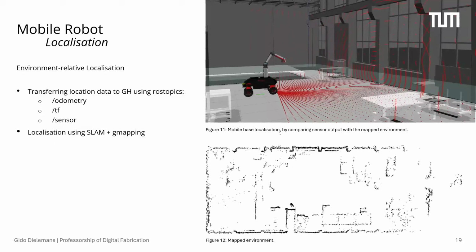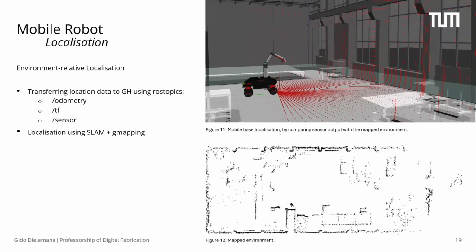So environment relative is where we take a map of the environment with a LiDAR, for instance, that is in our case mounted on the front of our robot. That creates this kind of point cloud that you see at the bottom, and the robot can match the sensor data with this map, which is called SLAM. And from that, we get a robot location.